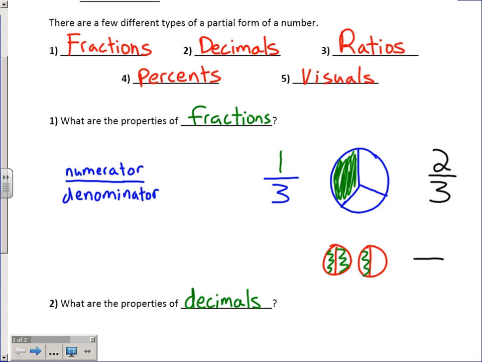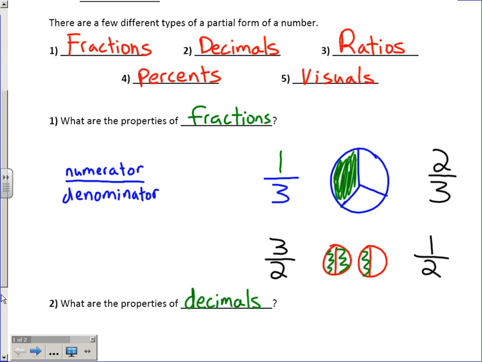So our wholes are broken into 2 pieces each, and there are 3 pieces that are shaded in. Now we would say 3/2. Here, I'm going to move this over here to make this less confusing. So this represents what's shaded in. So what's shaded in are 3 of the halves, and what are not shaded in are 1 of the halves. So that's how fractions work.